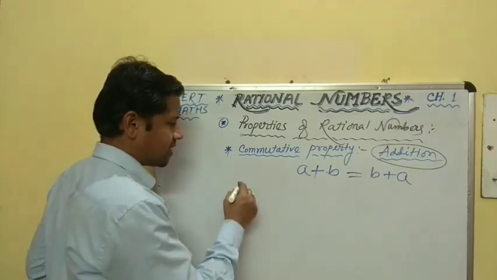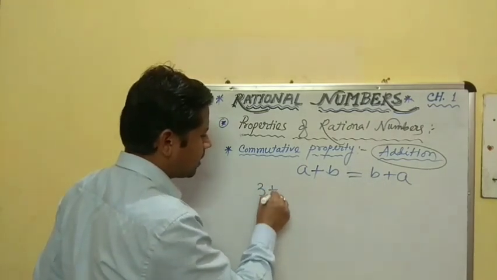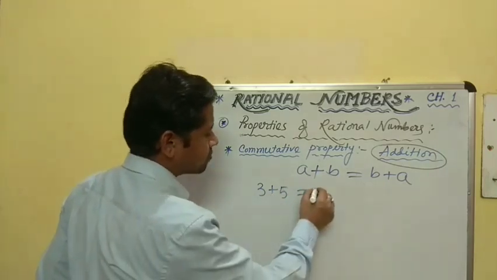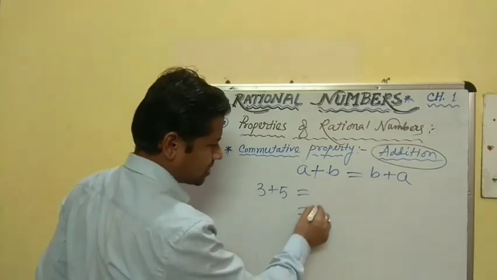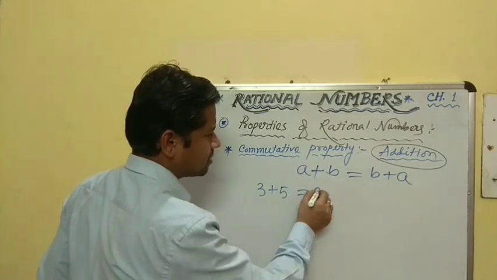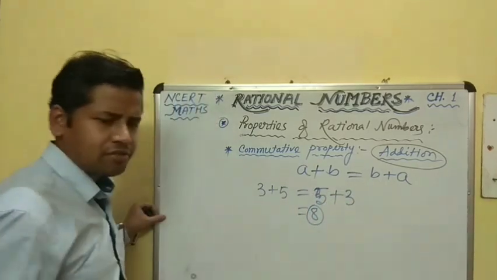Let's take some examples. Suppose 3 plus 5. What is it equal to? We know that it is equal to 8. And this can also be arranged in this order: 5 plus 3.